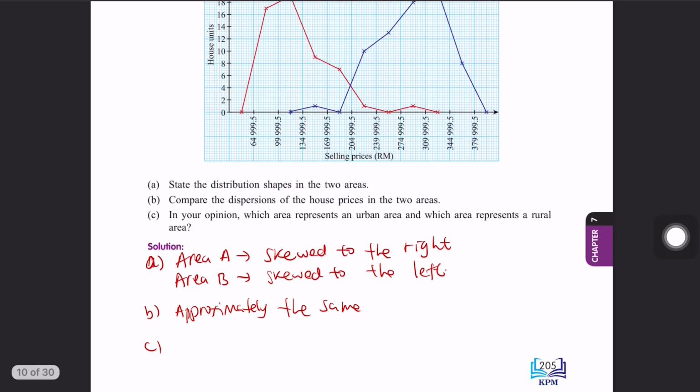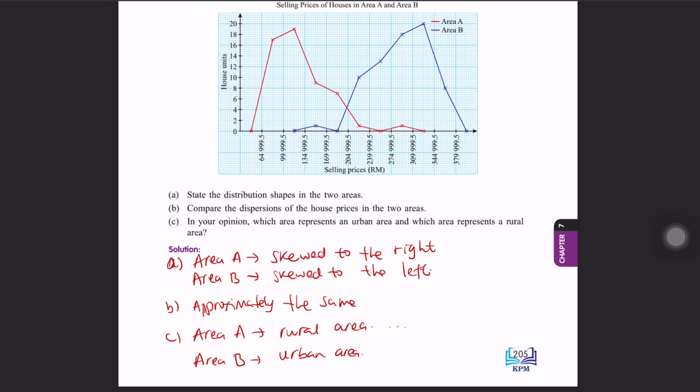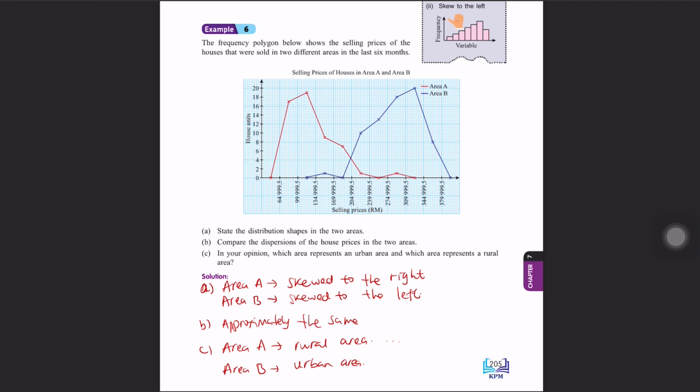Okay, so kita boleh katakan, okay, area A is a rural area. Okay, because awak tulislah alasan sendiri. Okay, next area B. Okay, area B is of course urban area. Bolehlah katakan urban area because most of the selling prices are higher. Okay, boleh, ini more kepada awak punya general knowledge.